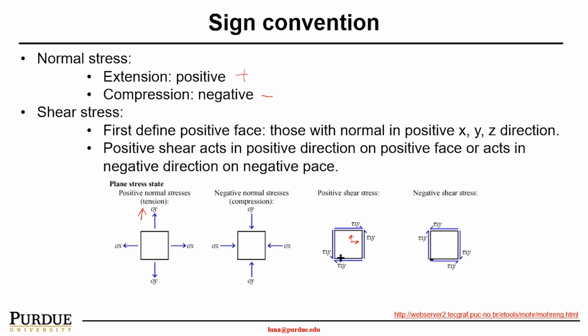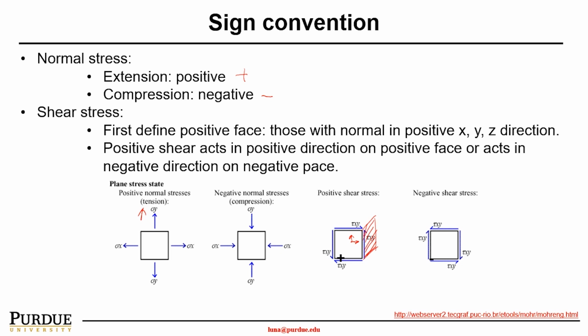Therefore, positive shear acts in the positive direction on the positive face, or acts in the negative direction on the negative face. So if my shear stress is on positive XY, it means the X in this direction is positive.